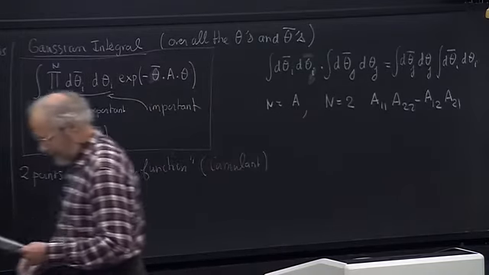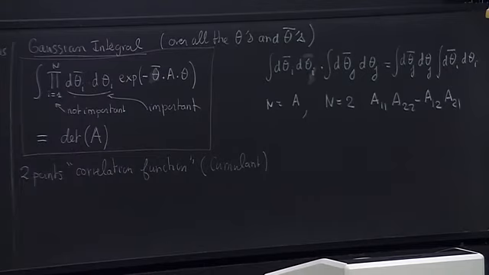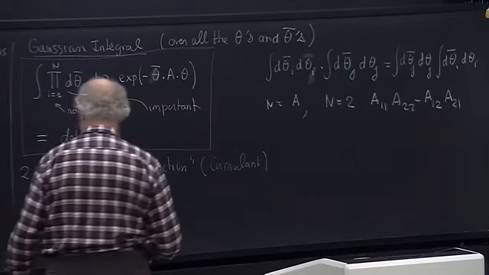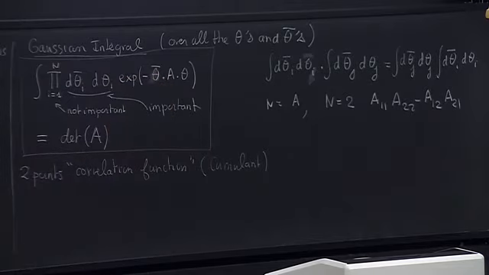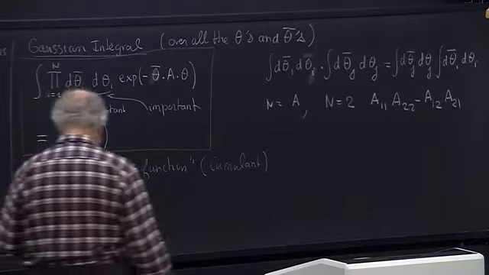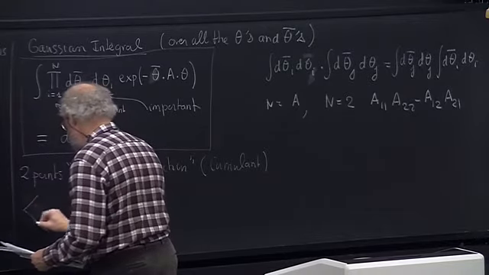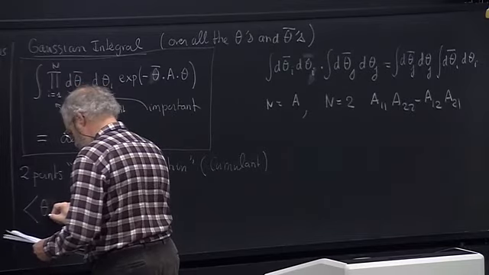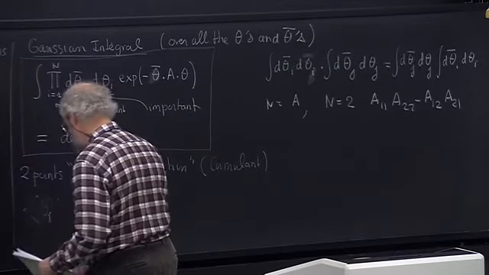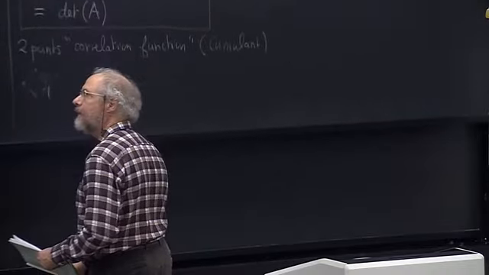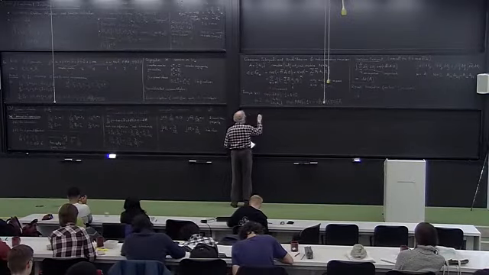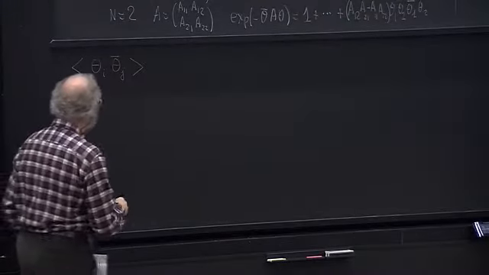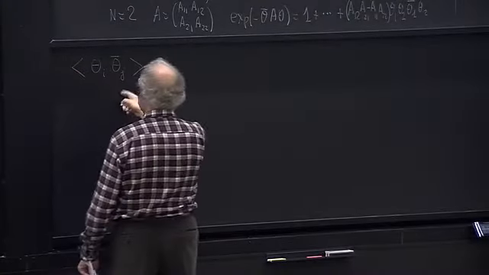So I want to define what is the expectation value of theta I times theta bar g. So take this as a definition of what I call the expectation value of theta I.